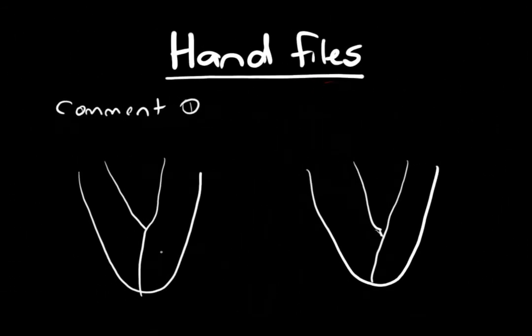I've probably mentioned to you in the past, never ever force either a hand file or a rotary file. If you do with the hand file, what you will do is create ledges and other sorts of indentations in the wall. So let's just say we're taking a hand file down the mesiolingual root of this lower molar, or the lower mesial root. So I should have written this mesiolingual canal, mesiobuccal canal. As we take the file down here, it's going to get to this, try to go around this curve, and it won't.